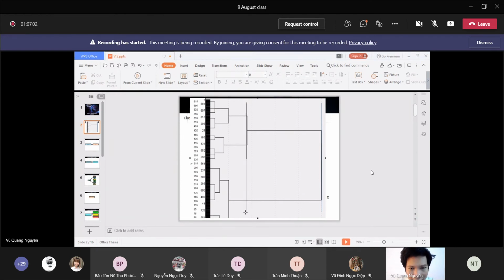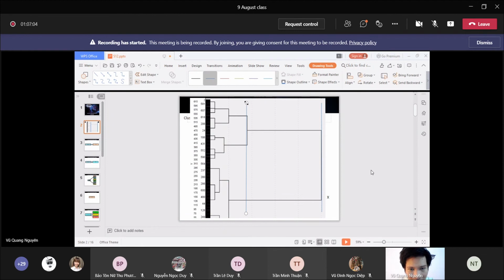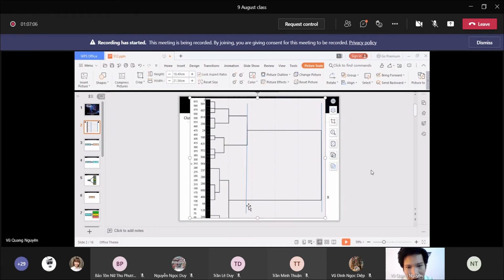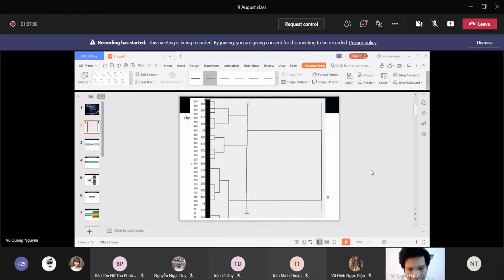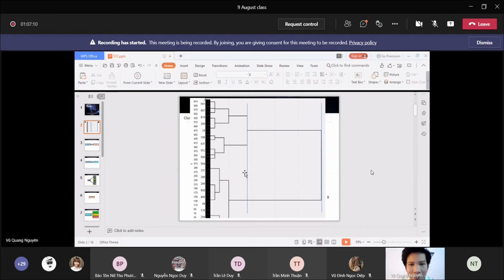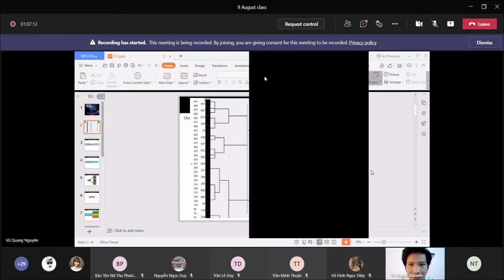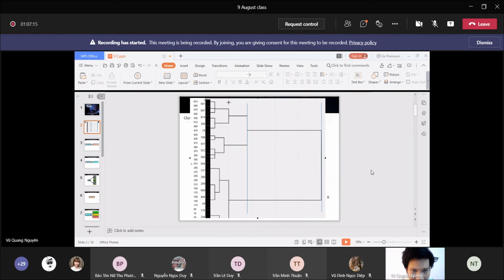Here I have another vertical line, I draw a line. Now there is another here.